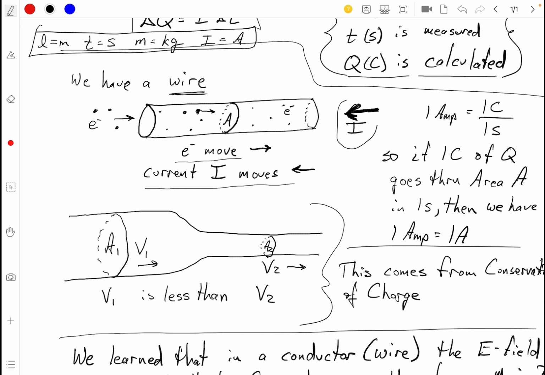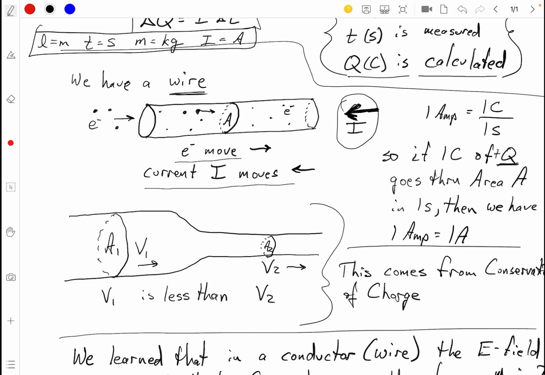And so we do this with our current. If the electrons are going one direction, our current's going the other direction, and we would say that the charge is positive. So it's a positive Q.